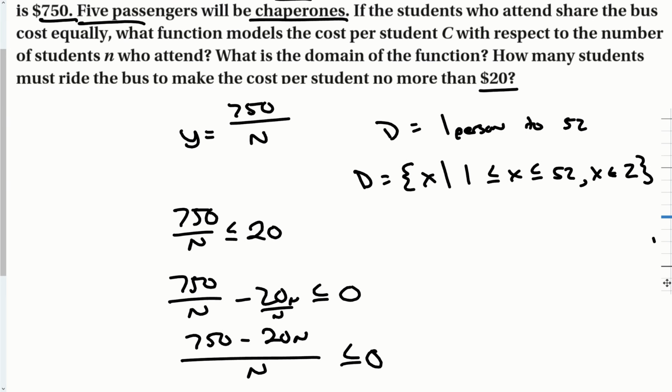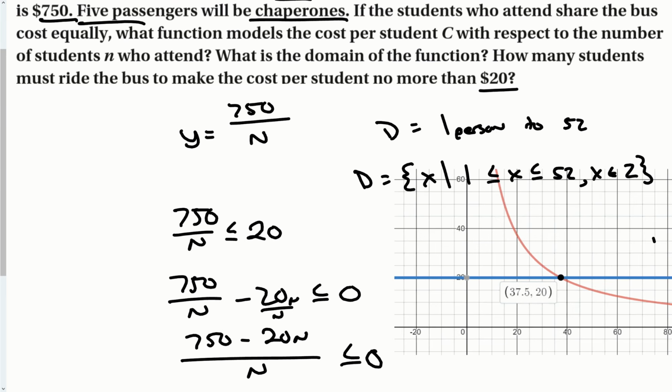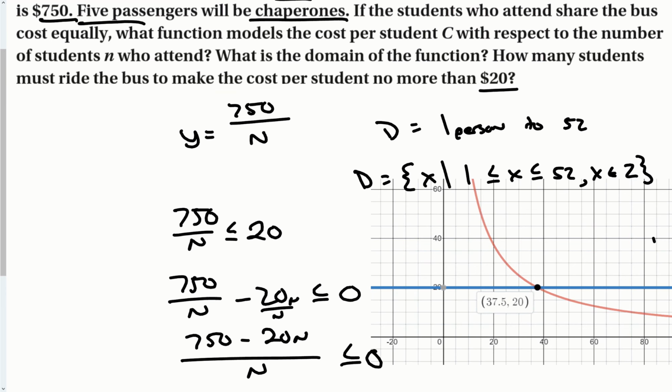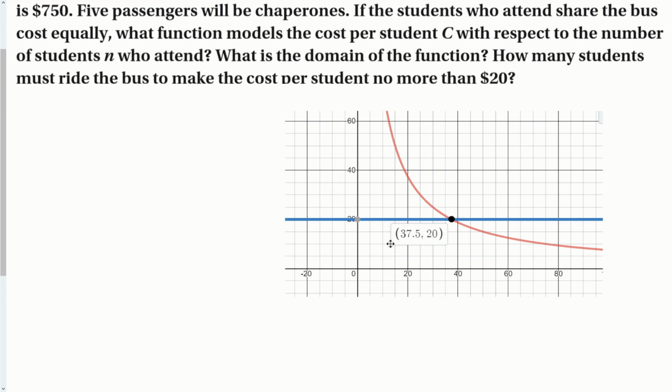You could really graph it. Okay, let's clear this out. You could really just graph it here, and you can see that here's my reciprocal function, which is 750 over x or n, whatever. And here's the line 20.